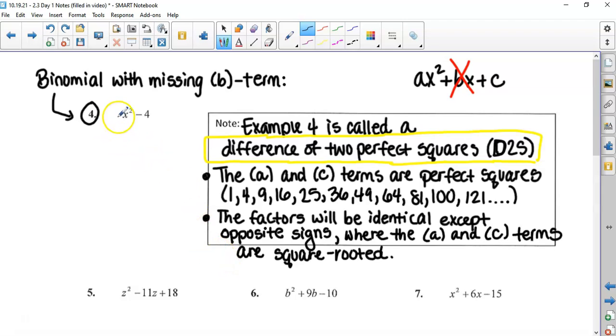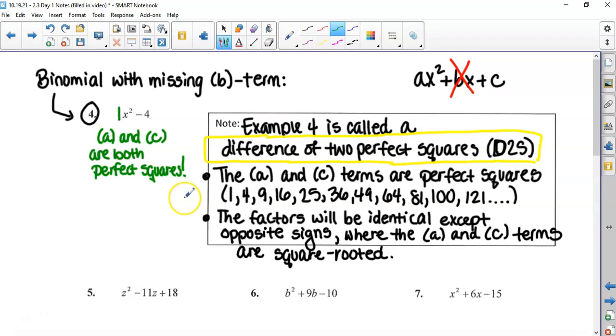Let's put it to work. So I have a binomial, right? Two terms. Let's put that 1 back in here. 1 x squared minus 4. A and C are both perfect squares, right? 1 and 4 are on this list. So to factor them, we need the square root of 1 and 4.